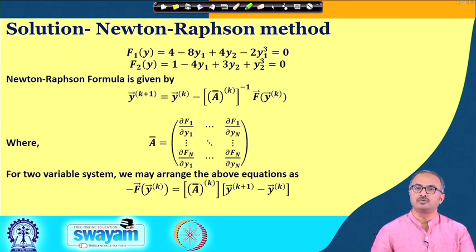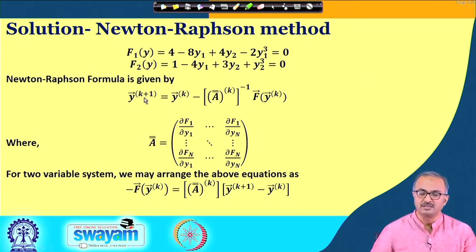And now we go to the Newton-Raphson method, and as I showed you in my lecture, in this case the y will be obtained like this, that we have a particular Jacobian.